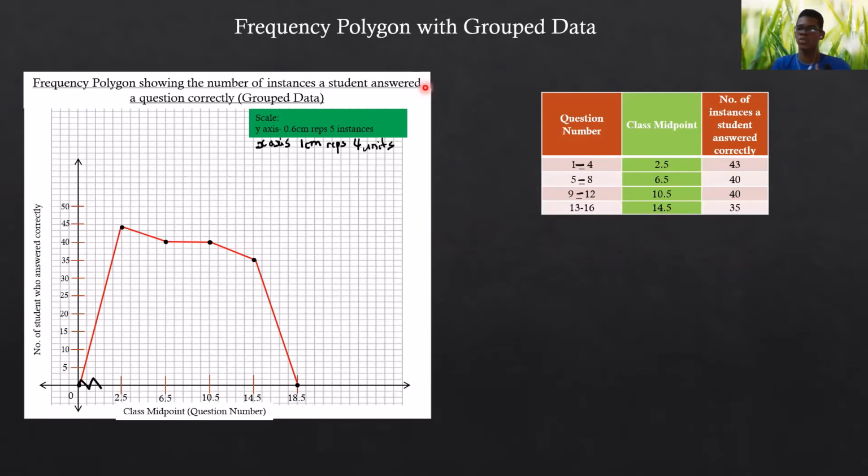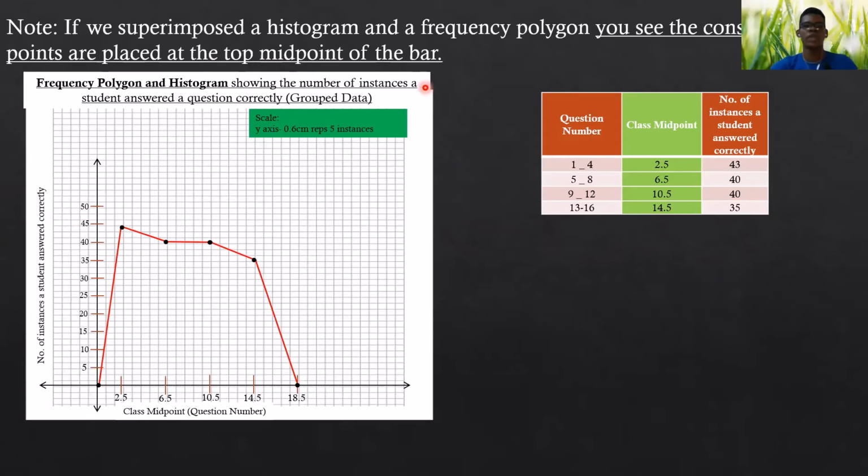Or you might see a superimposed graph with your line graph and your bar graph, right? Again, remember frequency polygon, group data most of the time, same with the histogram. So looking back at it, same points, nothing has changed, but now we're going to superimpose the histogram and the frequency polygon.